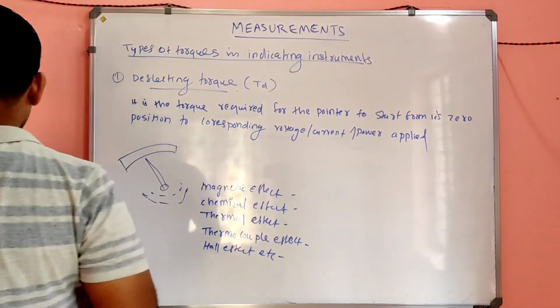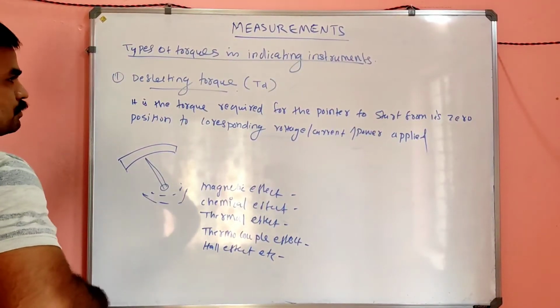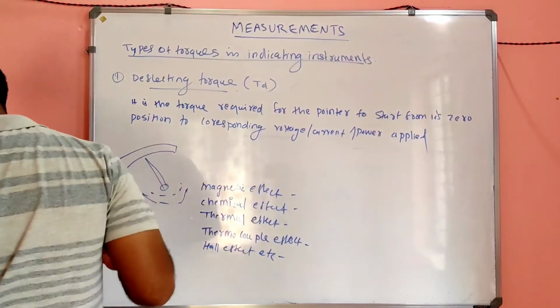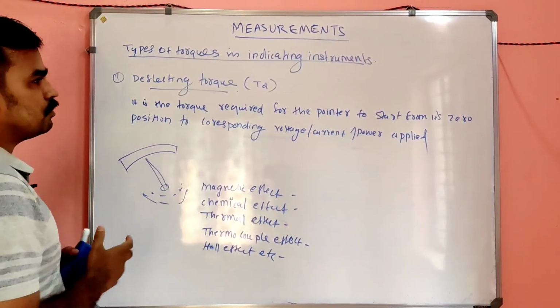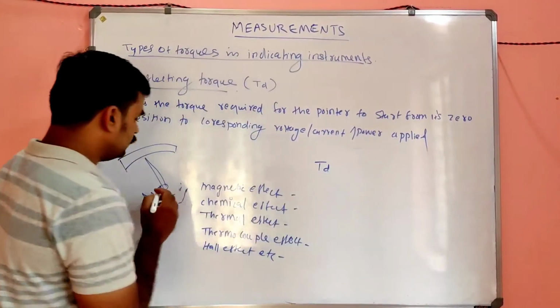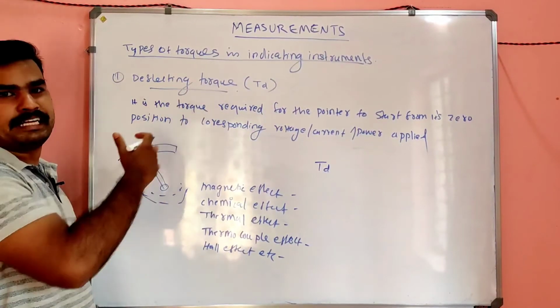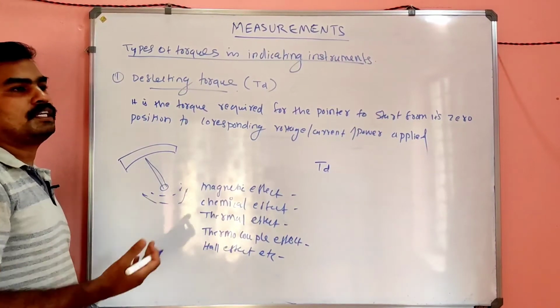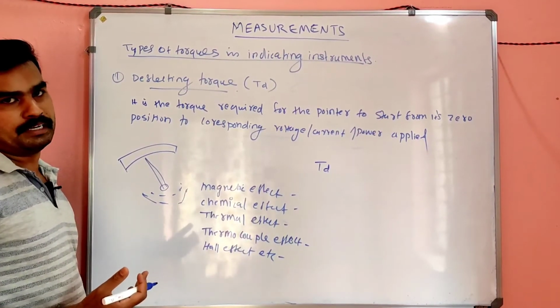Okay. Next, it is called the control. So in terms of the pointer, suppose we are dealing with an electrical measurement system, then the deflecting torque may be directly proportional to what, my dear?